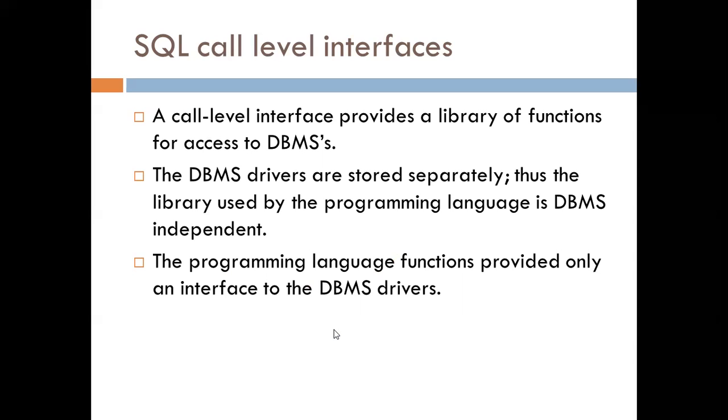The driver is completely different from the host programming language. The driver in itself is a separate piece of software. So if we want to run Java along with Oracle, then we have to load the corresponding driver as part of the jar file.